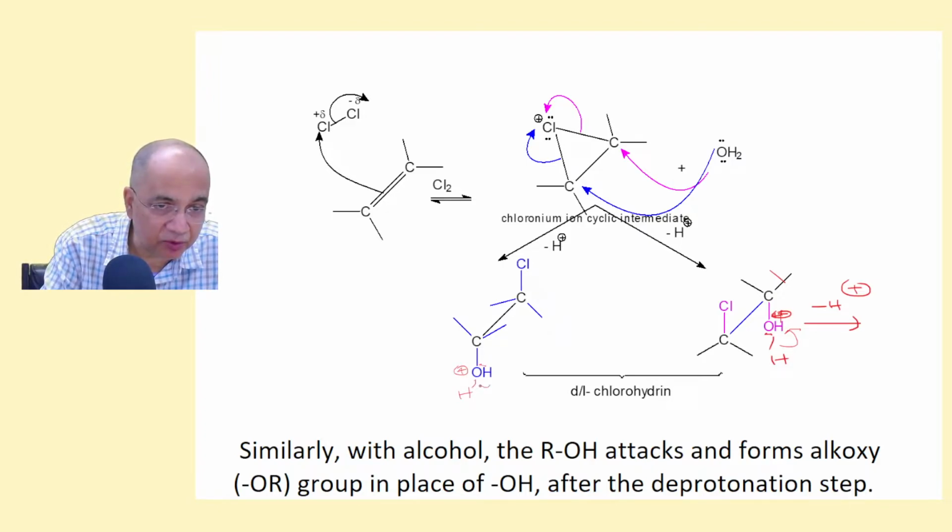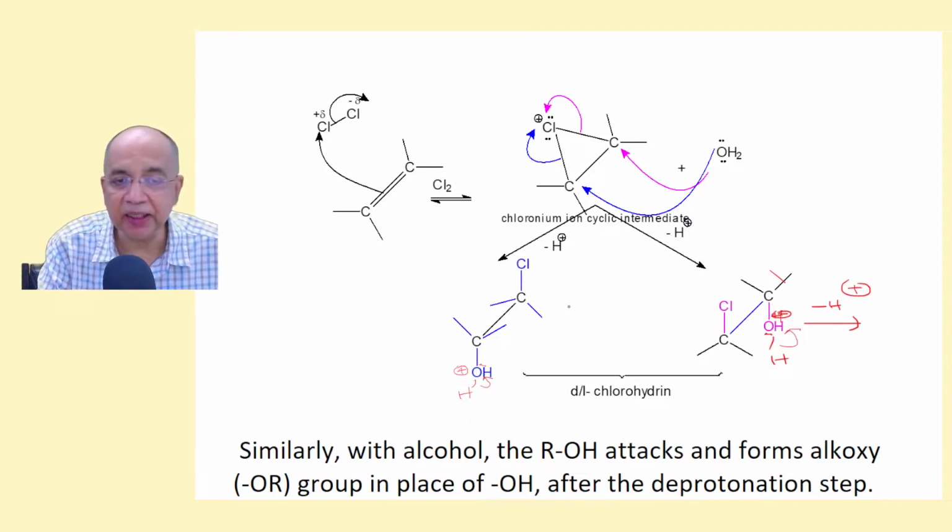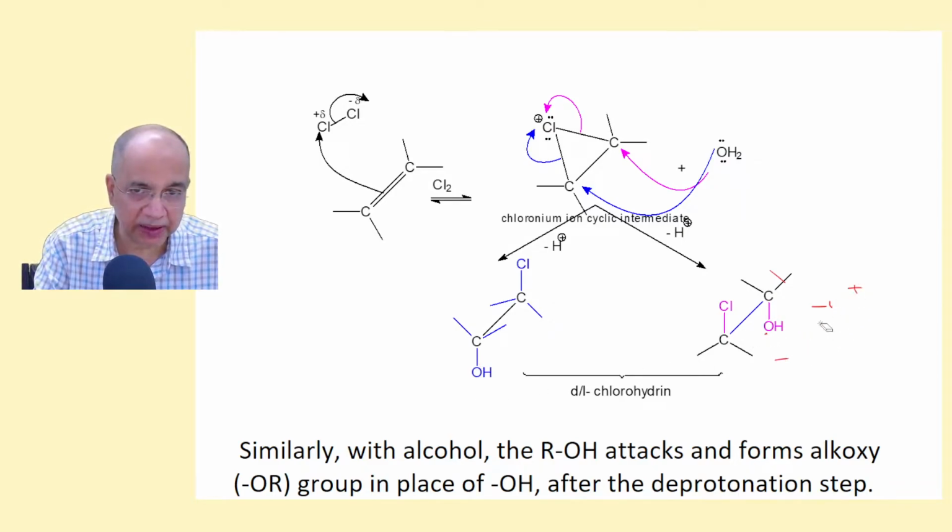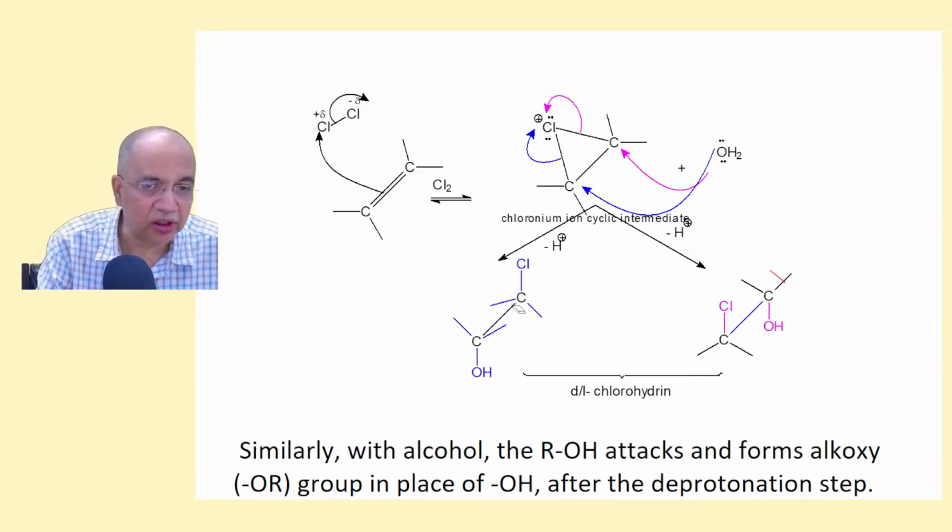Then H plus ion will go, then only you get alcohol. So therefore I have written here, instead of showing you the step, I have shown that deprotonation has occurred here to give you alcohol. On one side OH, the other side Cl.